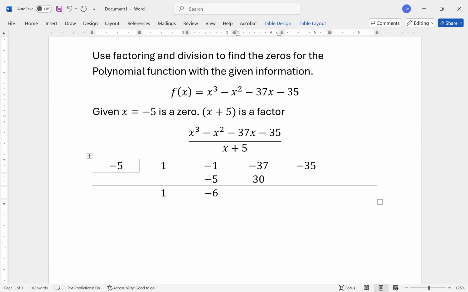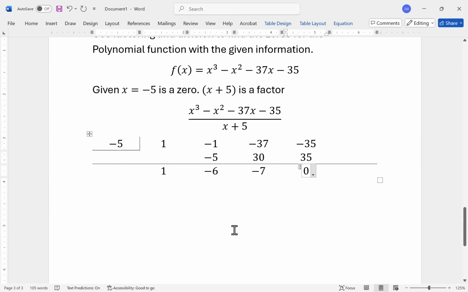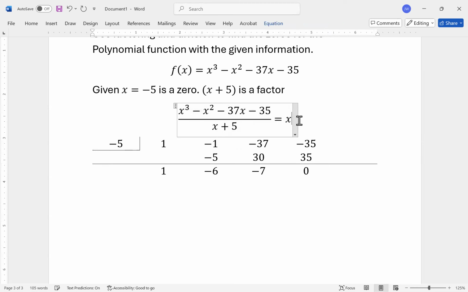What we end up with is a negative 7 when we add 30 and negative 37. Negative 5 times negative 7 is a positive 35. And you get, of course, remainder of 0. And this means that this division comes out to be x squared minus 6x minus 7.